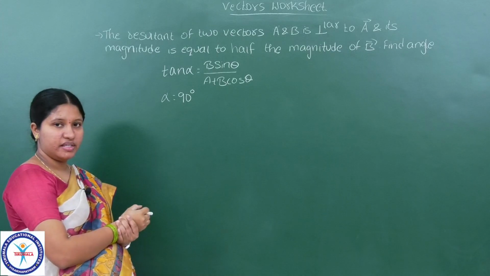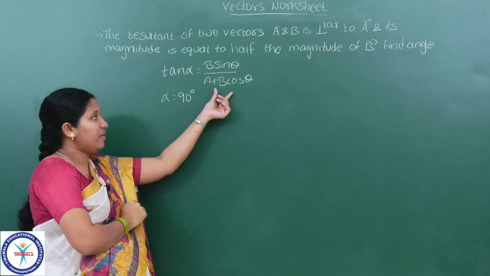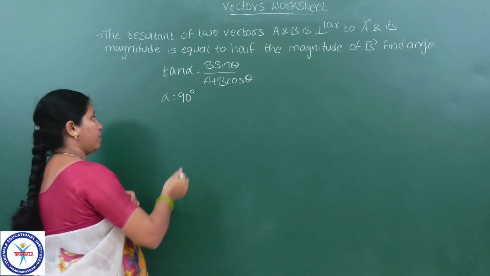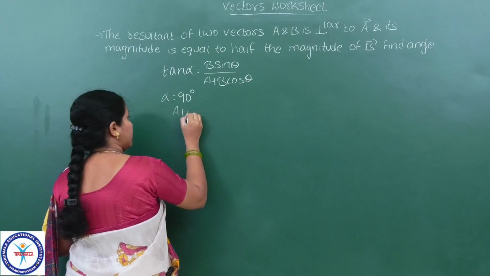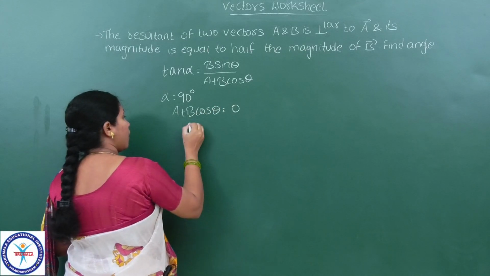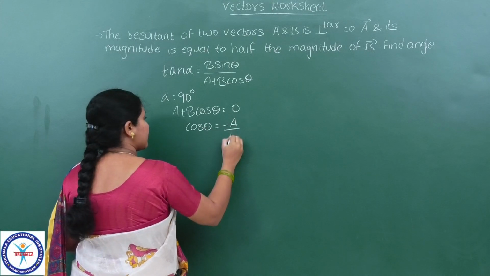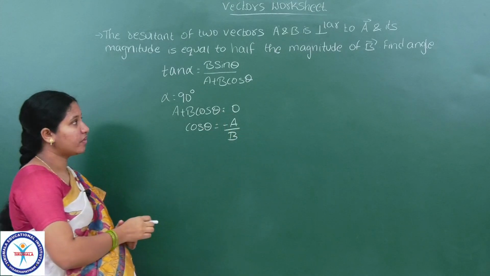So tan 90 is 1 by 0, that is undefined. So equate the denominator to 0. So A plus B cos theta is equal to 0. On finding the value of cos theta, we get minus A by B.